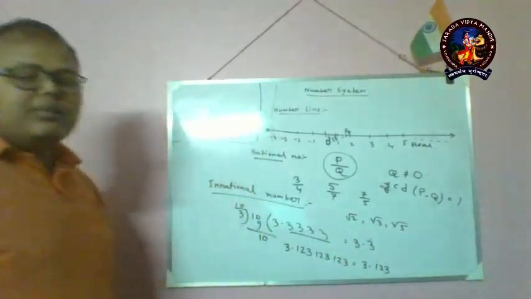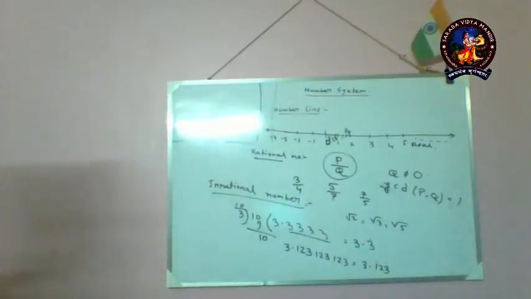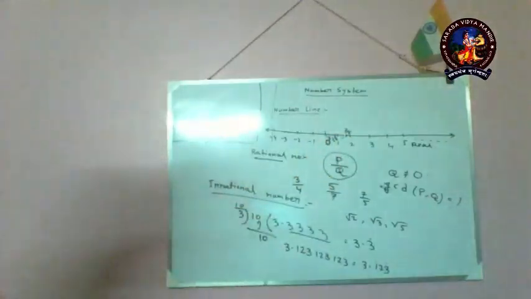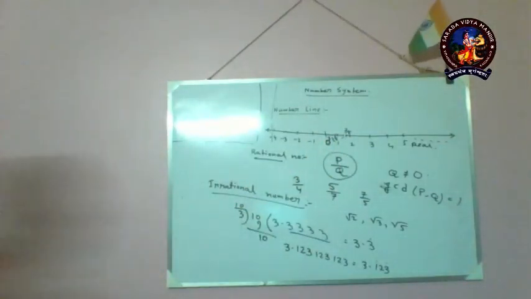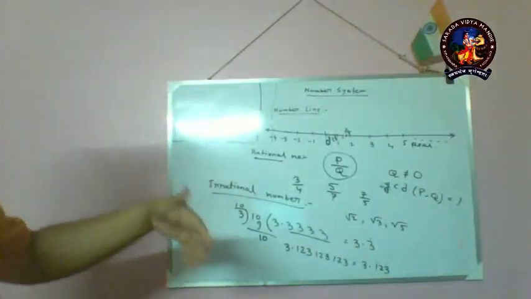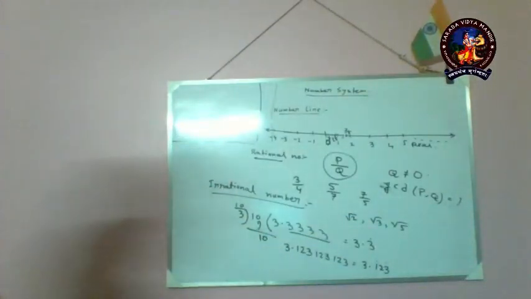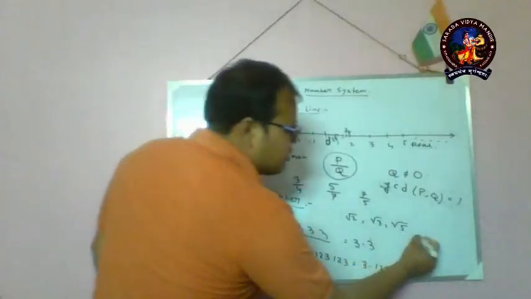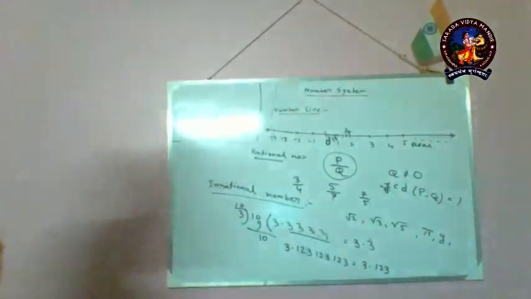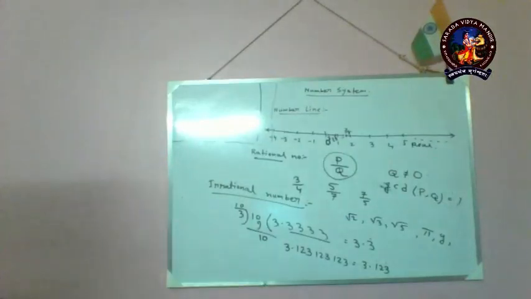These are examples of irrational numbers which I have not given in the number line till now. Now, are only this type of numbers irrational numbers? No. A few other types of irrational numbers are also there, like the gravitational constant and the number pi. These are also irrational numbers.